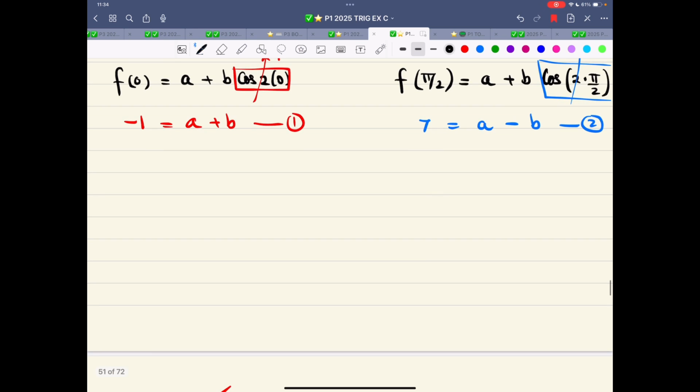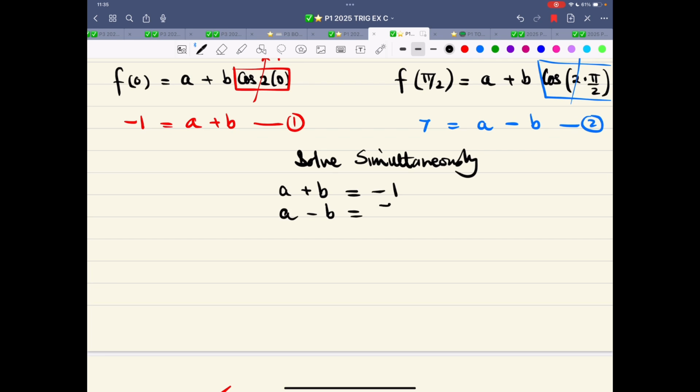Now we have to solve simultaneously to find the value of a and the value of b. Very simple equations. a plus b equals -1, a minus b equals 7. That is equation 1, that is equation 2. All you have to do is simply add them up.